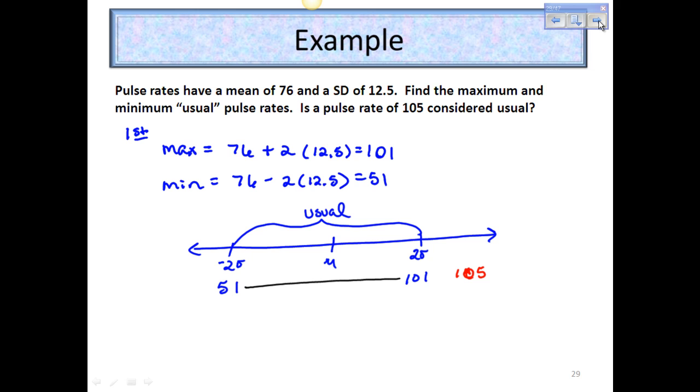Outside, unusual. So our second step on this problem was to do that comparison, and then we would actually write something like, since 105 is greater than 101, 105 is not usual.